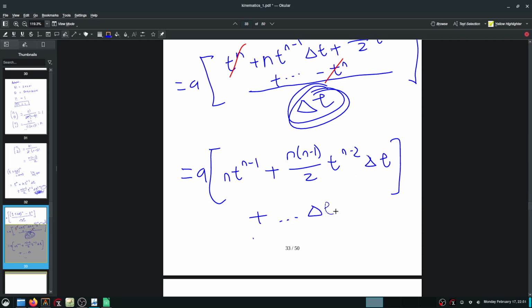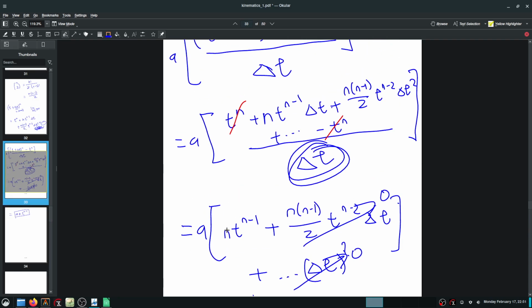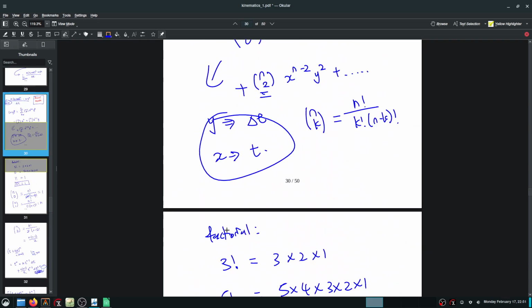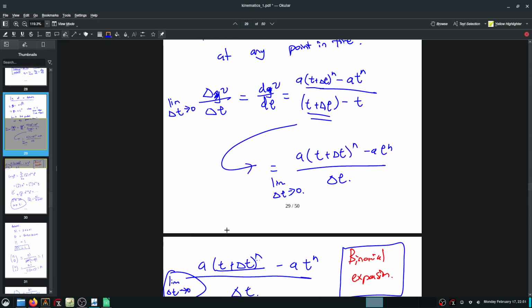All of these terms have some power of delta t, and it's not a zero power. When you bring this delta t to 0, this becomes 0, this becomes 0. What you're left with is a times n t to the n minus 1. So that's how you derive the derivatives for polynomials, or this basic algebra.